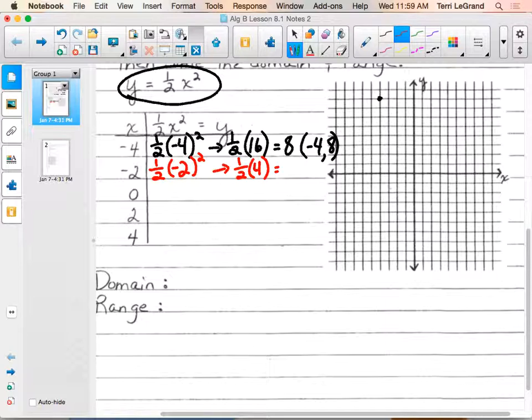What is 1/2 of 4? 2. So we just found another point on our graph, ordered pair -2 for x, +2 for y. So now we'll go put that one over on our graph, -2, +2.